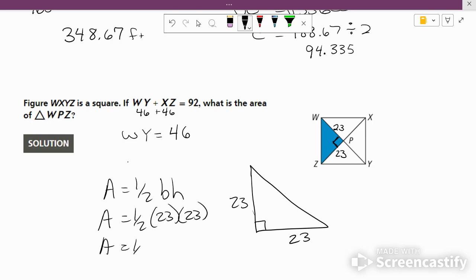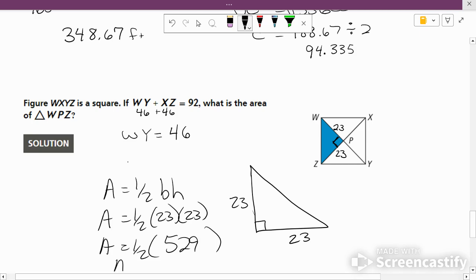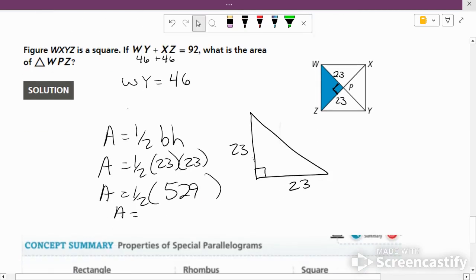Area is 1/2 of 23 times 23. Might be 500 something, right? 529. And then we take half of that. So the area is 264.5, right?